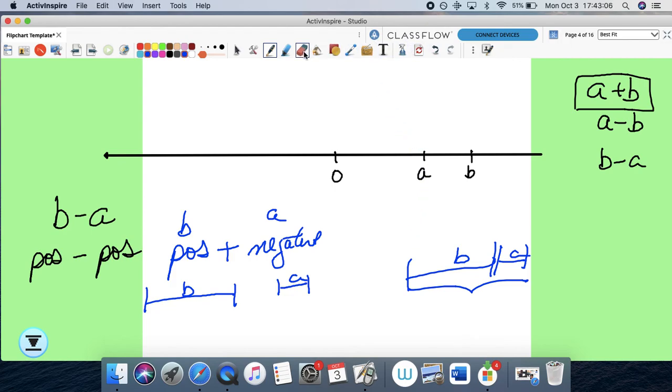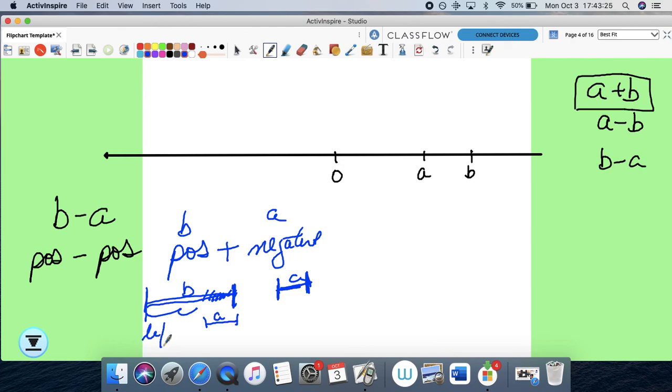No, it's not. In this case, I'm going to remove A from B. So B being the larger one, it's going to lose this much. I'm going to remove this much from B, and this part, which is the leftover, is my answer.